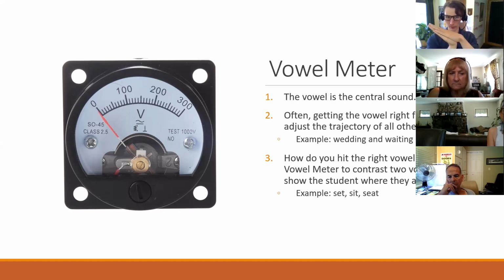You want to help them adjust their sound to some intermediate to get to I. So instead of seat, we want to say sit. And maybe they'll miss it. They'll say set. Then we say you went too far, you have to go back to the intermediate sound. Understand?